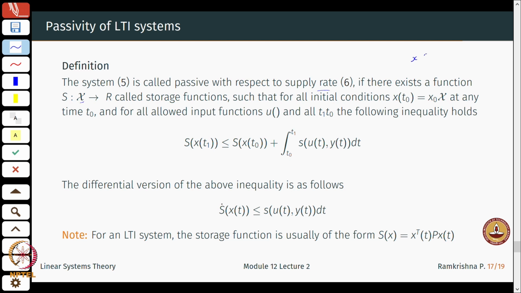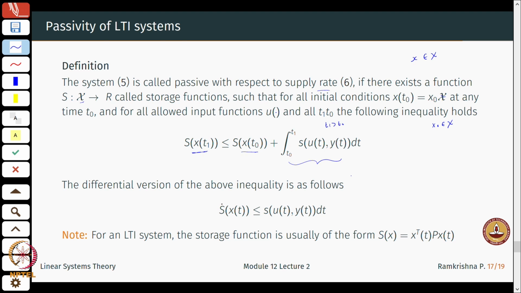So, all x come from X. So that for all initial conditions x(t0) = x naught belonging to X, at any time t0, and for all allowable input functions, and for all t1 greater than t0, the following inequality holds: the value of the storage function at time t1 is less than or equal to the value of the storage function at time t0 plus some supply rate.